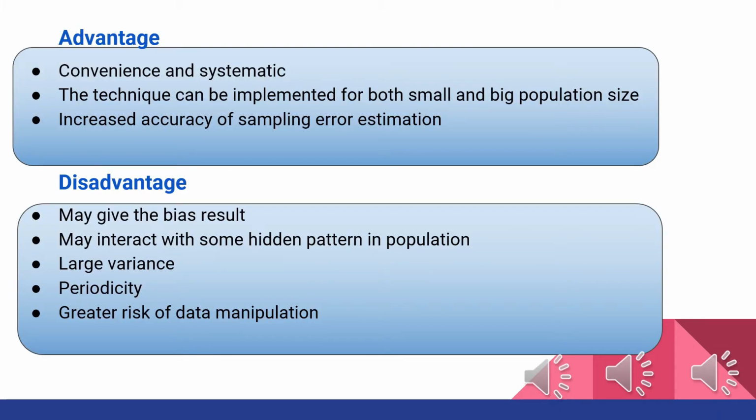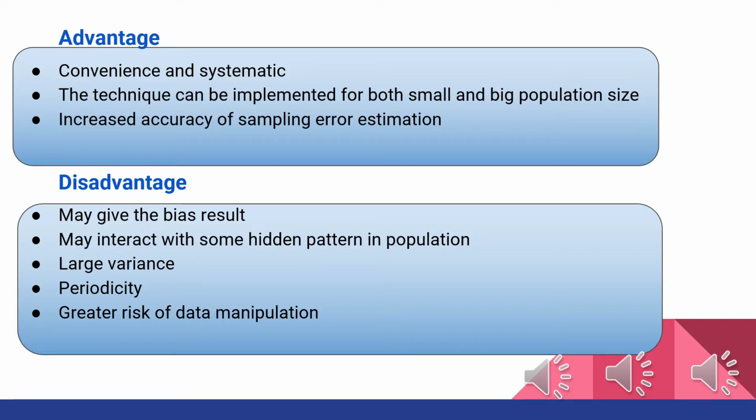Systematic sampling has a lot of advantages. The first advantage is that it is convenient and systematic. Systematic sampling is operationally more convenient and systematic than simple random sampling.